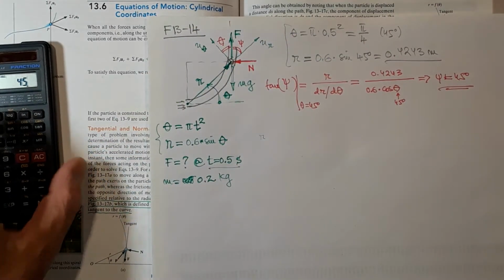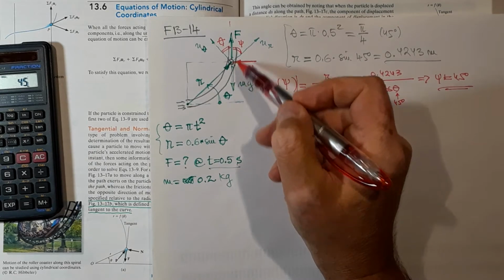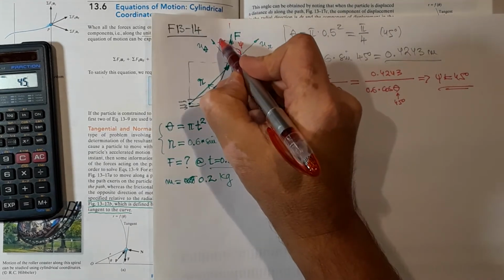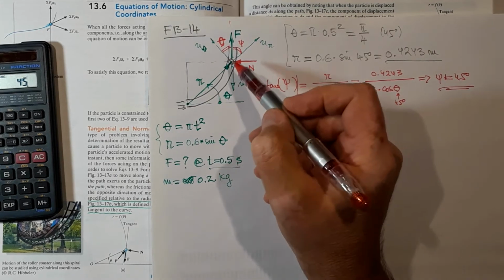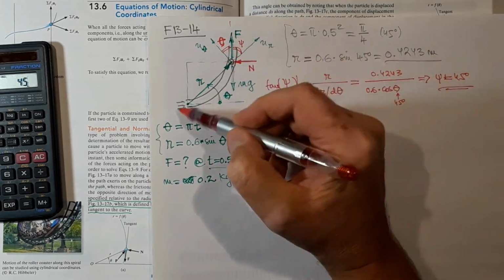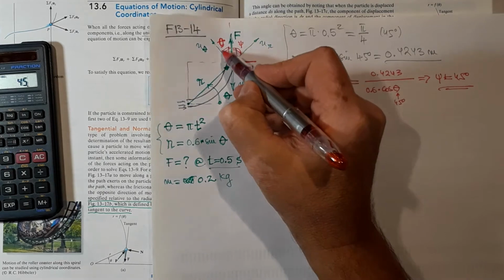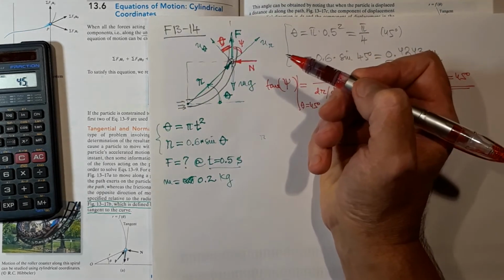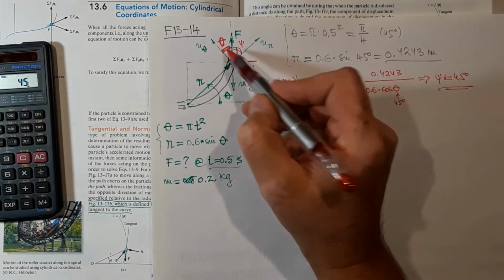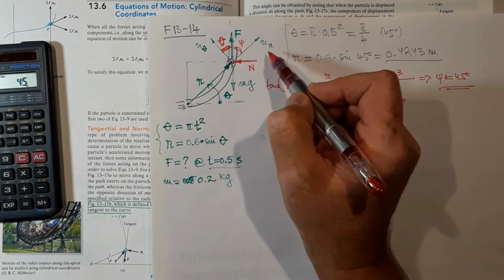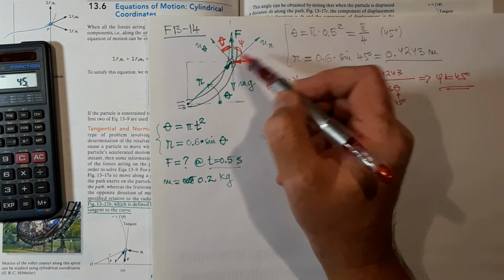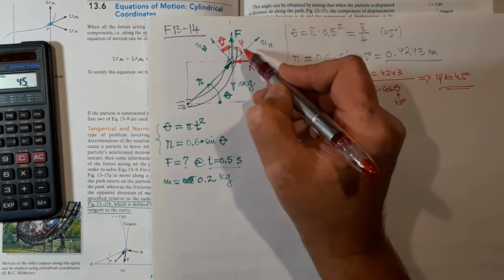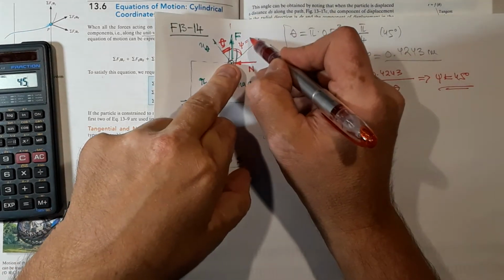Because they are mutually perpendicular, this one perpendicular to this and this perpendicular to this, I have this as theta. And there's 90 degrees between the direction of unit vector u_r and unit vector u_theta, so this is also 45.